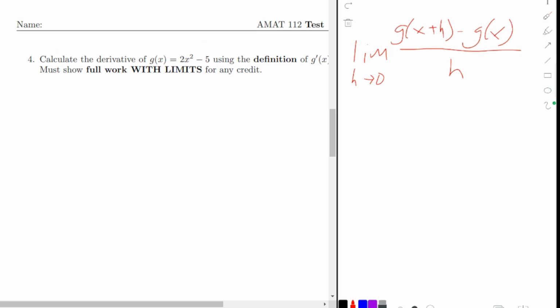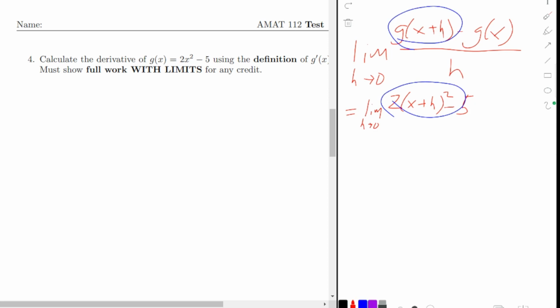That says 2x squared minus 5. Fabulous. All right. So this is the limit as h goes to 0 of, so rather than plugging x in, we'll plug in x plus h. This will be 2 times x plus h, quantity squared, minus 5. This is g of x plus h.